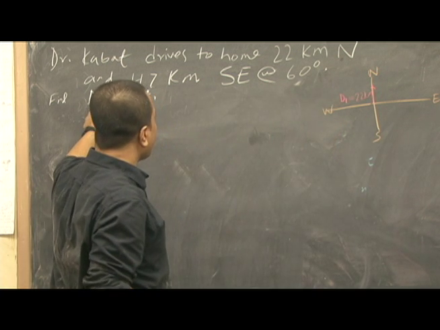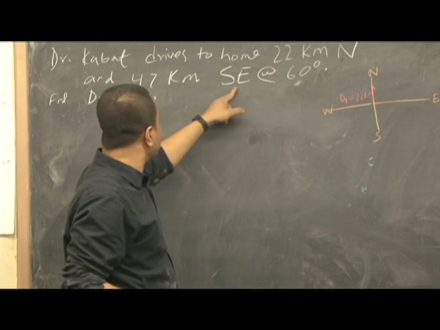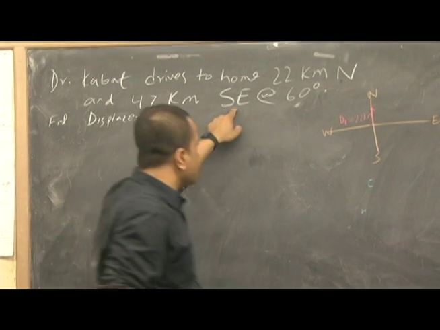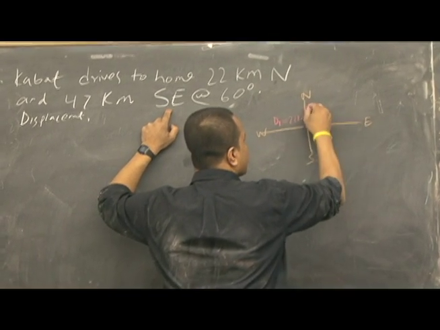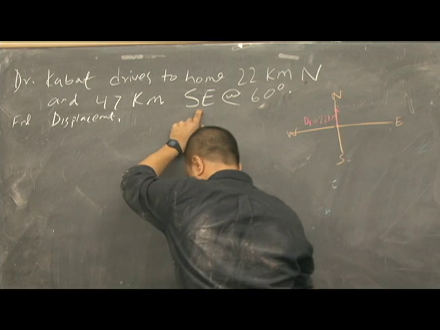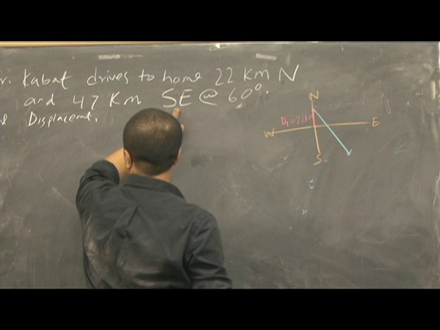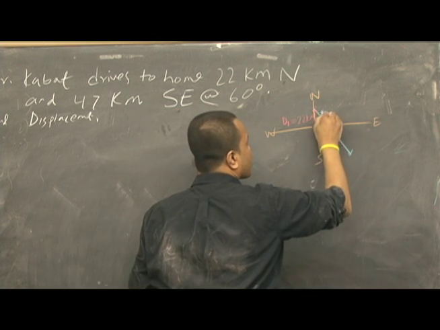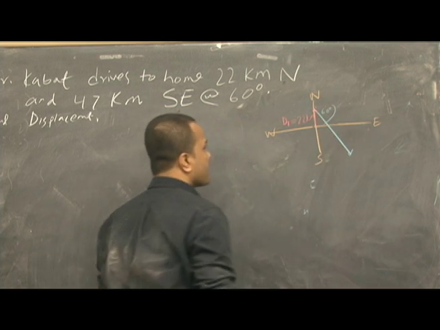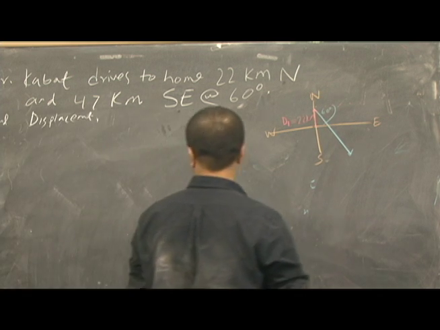Then he turns around and drives 47 kilometer southeast, and the degree is 60 degrees, right?